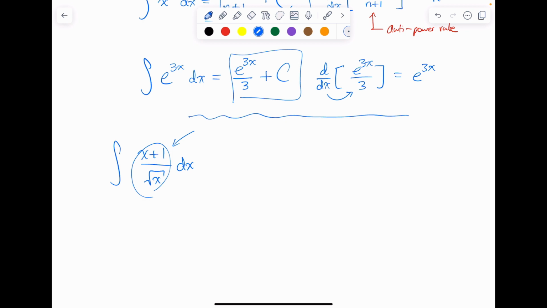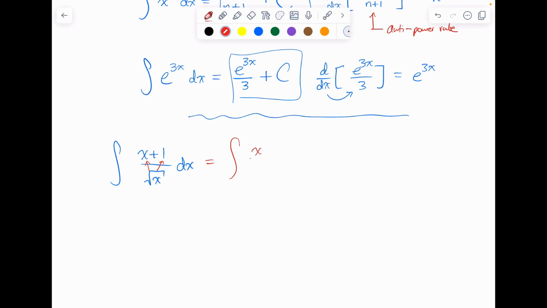But just like with the derivative, the limit and the Riemann sums we've been doing, we can manipulate what's here before we apply the integral. So one thing we might do is divide through by the square root of x and see where it goes.